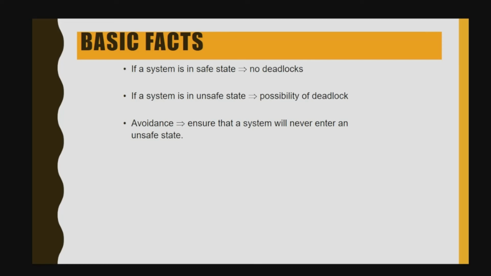So avoidance ensures that a system will never enter an unsafe state. The developer of the operating system must develop the operating system to avoid deadlock from occurring, so it needs to avoid the unsafe state in their programming, in their coding, in developing the operating system.